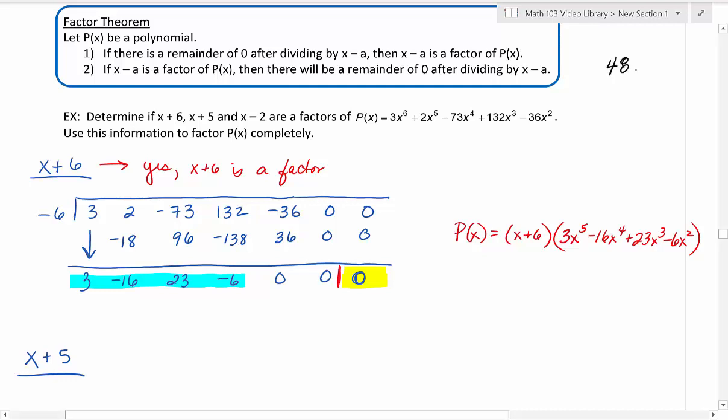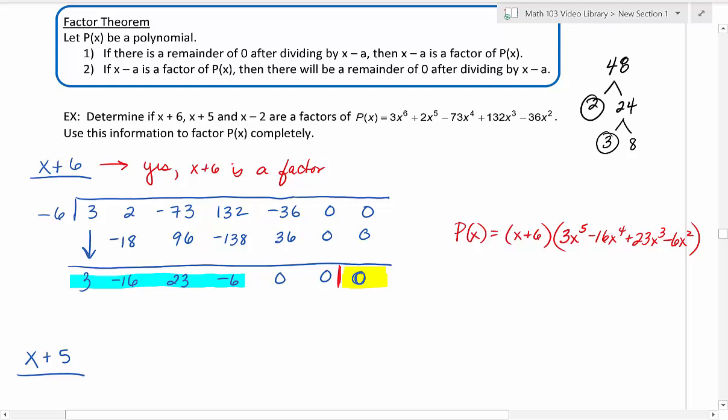So if we go back to 48, when we did prime factorization, we would say that this was 2 times 24, and 2 was a prime number. So then we continued to try to factor 24, and we thought of what 2 numbers multiply together to give me 24, 3 and 8. So 3 is another prime factor.